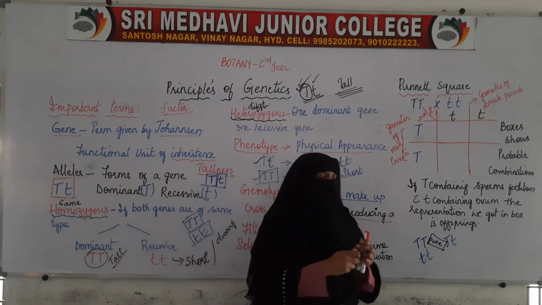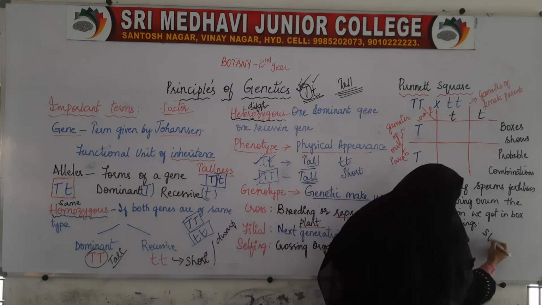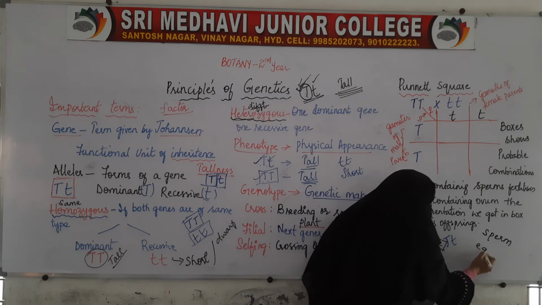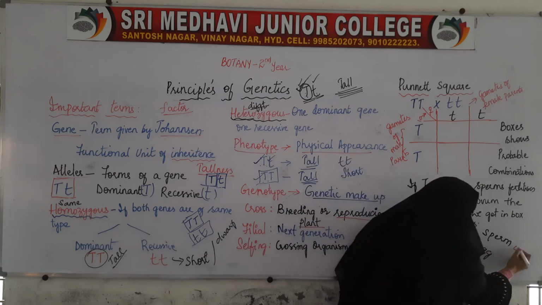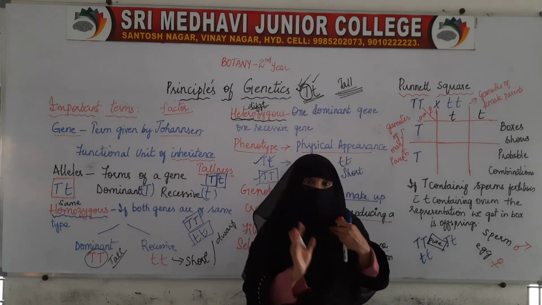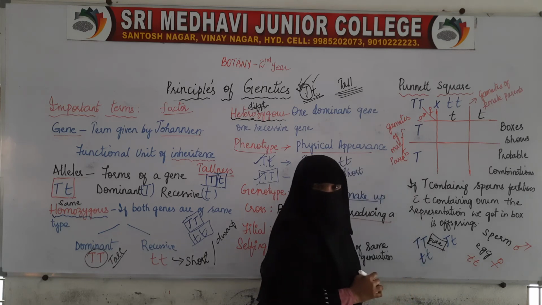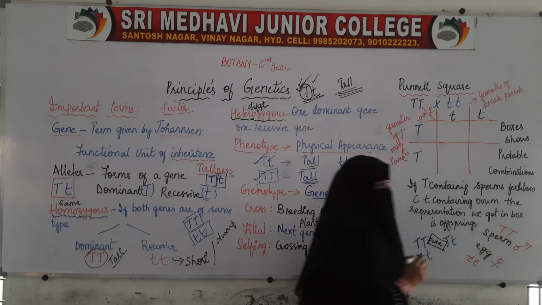What are the male gametes in human beings? Sperm. Sperm is the male gamete and egg is the female gamete. Each egg will have T and T. Each sperm will have both capital T.